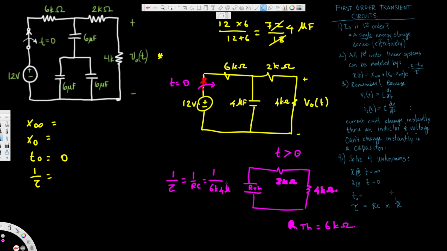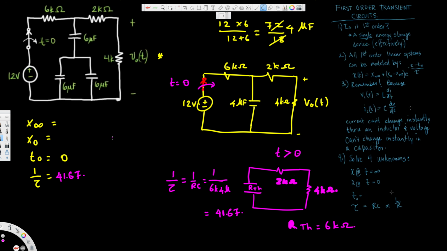If you calculate this value, you should get 41.67. So this is our 1 over tau value, 41.67.